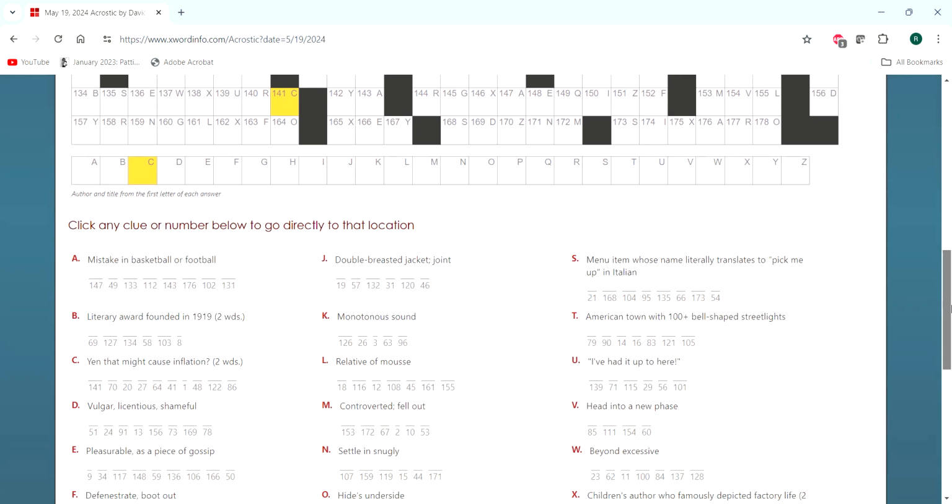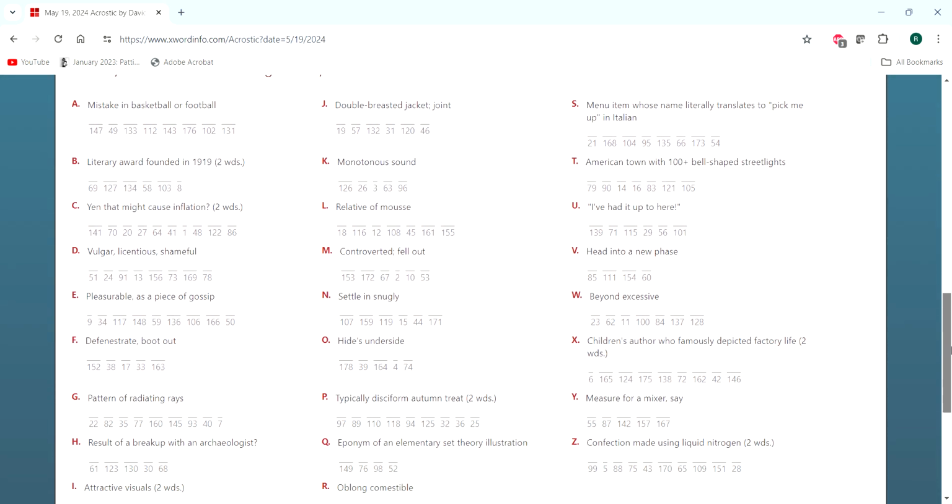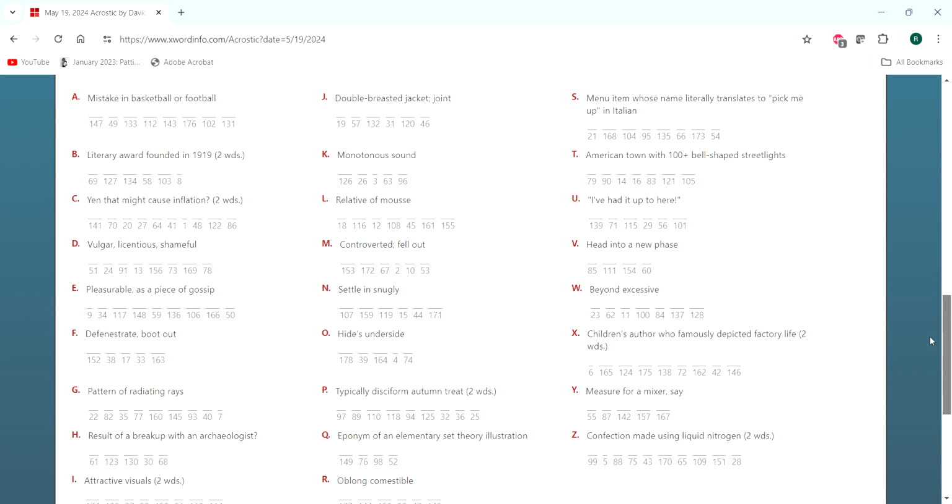So let's start from the clue section as usual and see what we can find. Also, many of the clues here are related to a certain theme, typically the theme of the quote. Alright, so let's start from the top and see what we can populate here in the clue section.